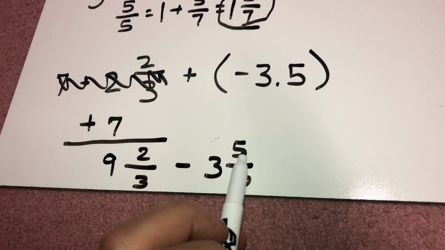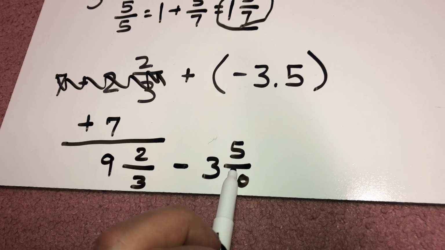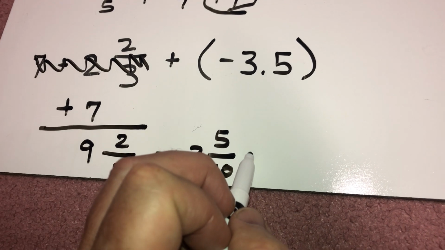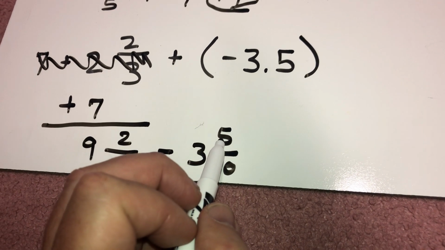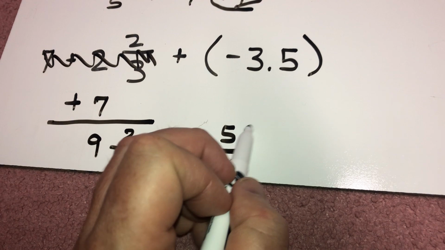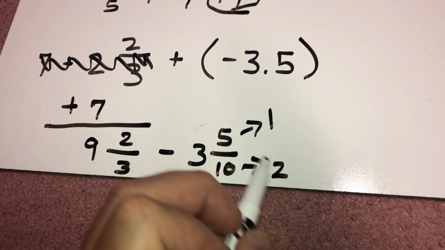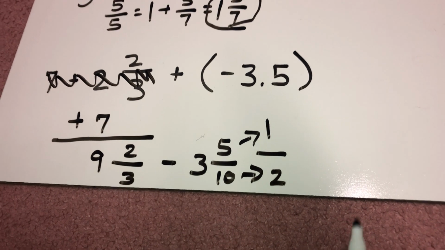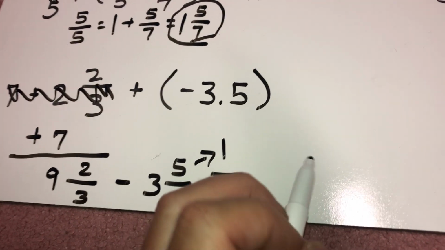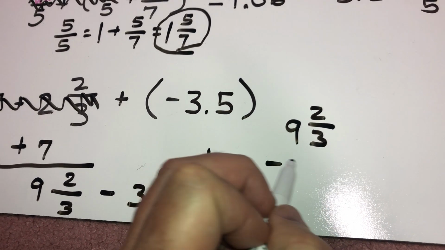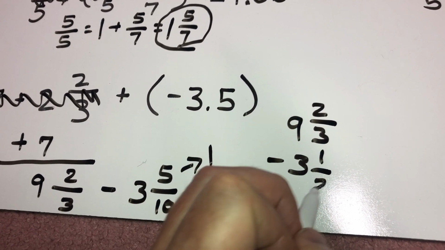Now, I also can see that 3 5/10 is not in simplest form. 5/10, if I divide them both by 5, 5 divided by 5 would be 1. 10 divided by 5 would be 2. I would actually end up with 3 1/2. So I can actually come over here and do 9 2/3 minus 3 1/2.